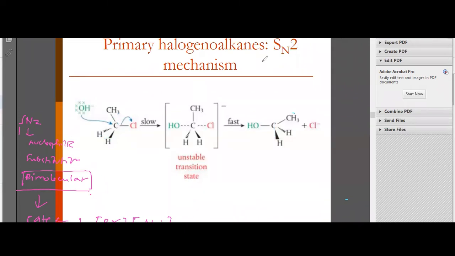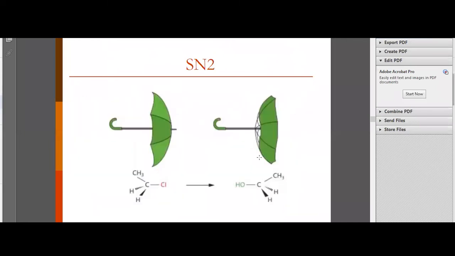This is like when you open an umbrella and a very strong wind attacks from this side. This makes your umbrella position turn from like this to like this.